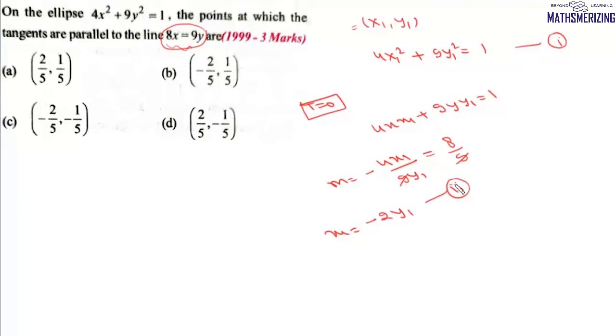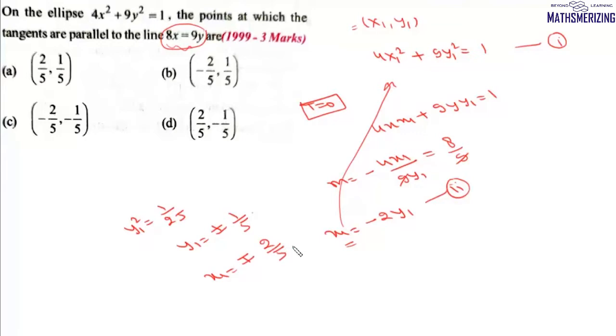Now what we'll do is we'll put the value of x1. So we'll get 16y1 square plus 9y1 square. So the value of y1 square will be 1 upon 25. So the value of y1 is plus or minus 1 by 5. And since x1 is minus 2y1, x1 is minus plus 2 by 5.